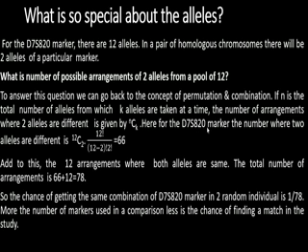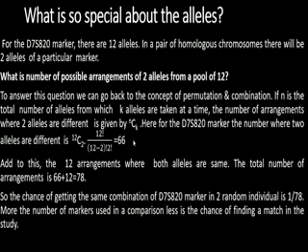Here, for the D7S820 marker, the number where the two alleles are different is 12C2. This is equal to 12 factorial over (12 minus 2) factorial times 2 factorial. The number comes to 66.